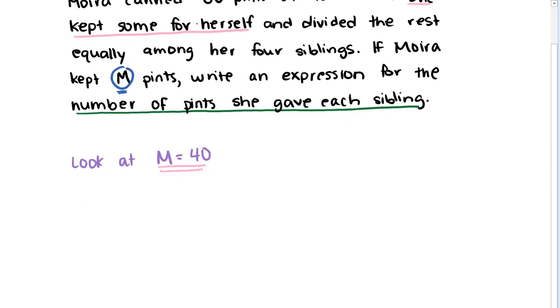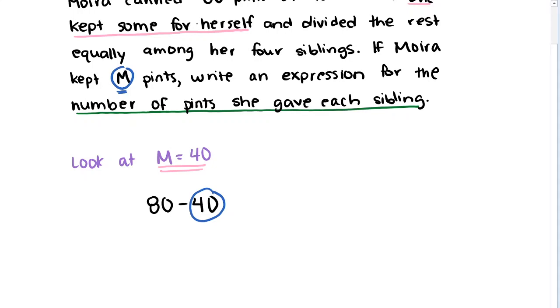So here I can kind of imagine computing the result for each sibling as first starting with 80, subtracting away this 40, and then what we're going to do is we're going to divide that result by 4, because she's going to evenly split the rest of the pints among her 4 siblings.